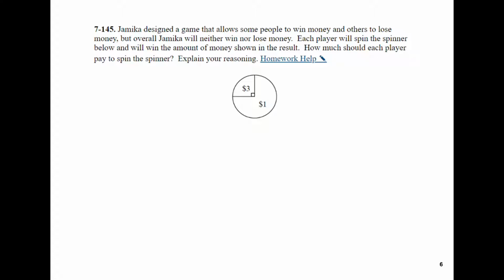So here is where we want to reference back to expected values. When we find the expected value, remember we take the probability of that section of the circle. The probability of spinning a $3 is a 1 out of 4 chance. So we take that 1/4 and multiply it by the dollar amount in that section.